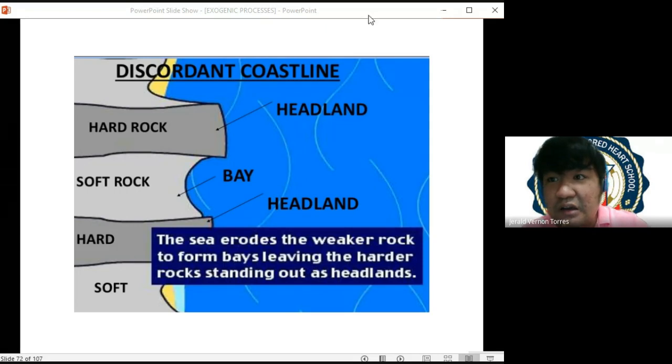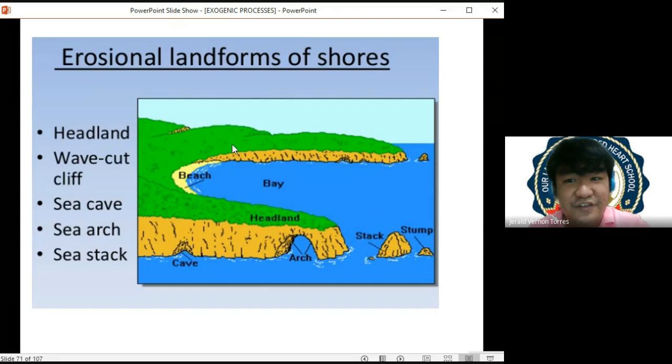So we end up with a discordant structure. Like this one I'm showing you, if you observe here, this is eroded, and this is easier to erode than this one. So the soft rock takes a shorter period of time to erode than the hard rock. Because of that, we are producing discordant structures. And you can see these where there are cliffs. This is an example of a cliff.